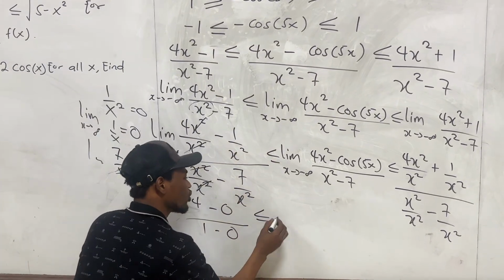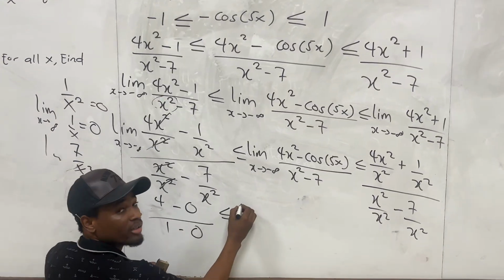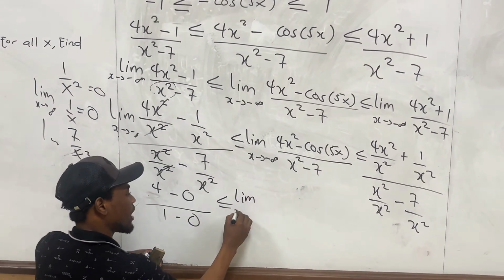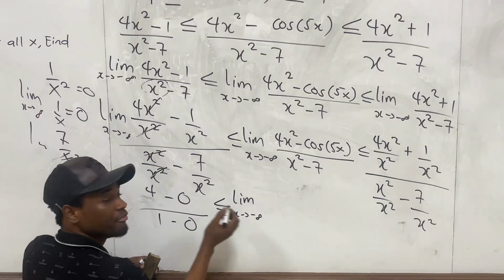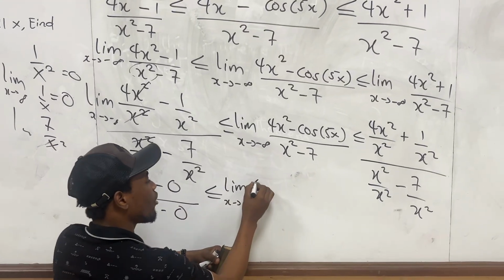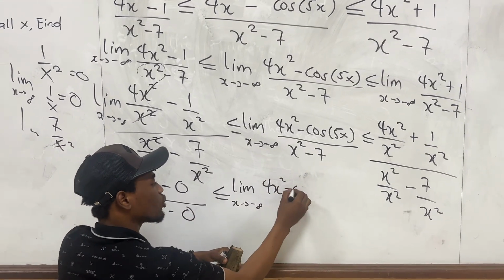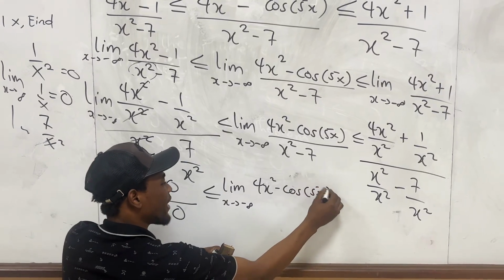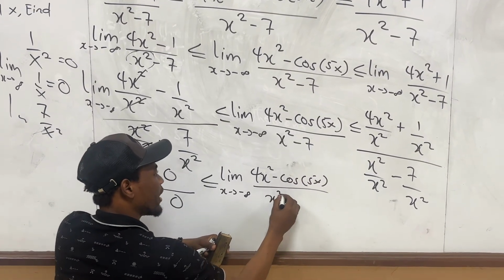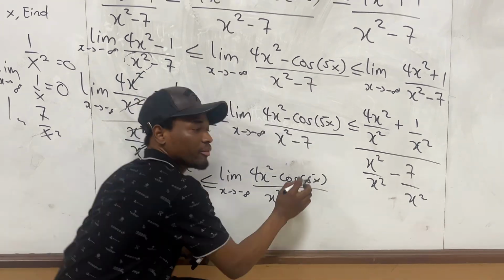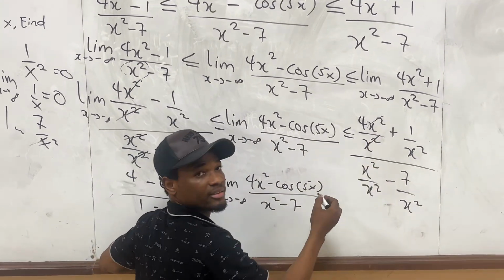Then less than or equal to the middle function, which is the limit as x approaches negative infinity of 4x squared minus cos 5x all over x squared minus 7. Viewers, this cancels this. So what do I have?